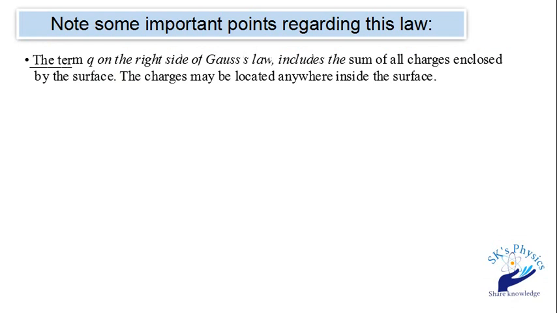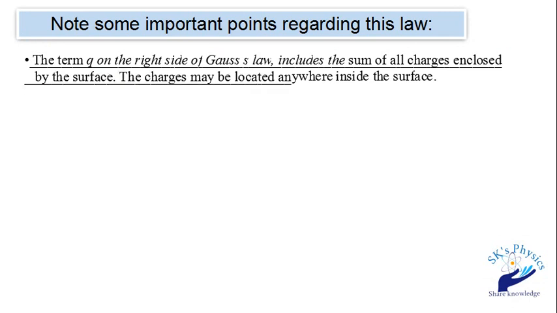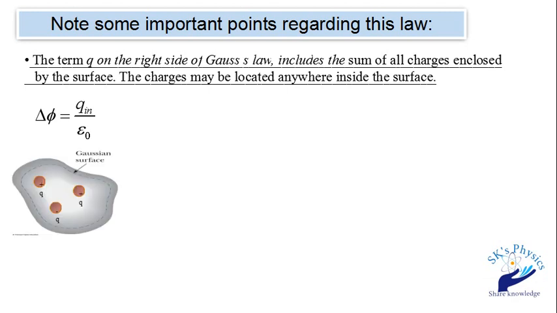The term Q on the right side of the Gauss law includes the sum of all charges enclosed by the surface. The charges may be located anywhere inside the surface. Delta phi is equal to Q inside by epsilon 0. Now here the Gaussian surface encloses three charges, so the total flux delta phi is equal to q plus q minus q by epsilon 0, that's q by epsilon 0.